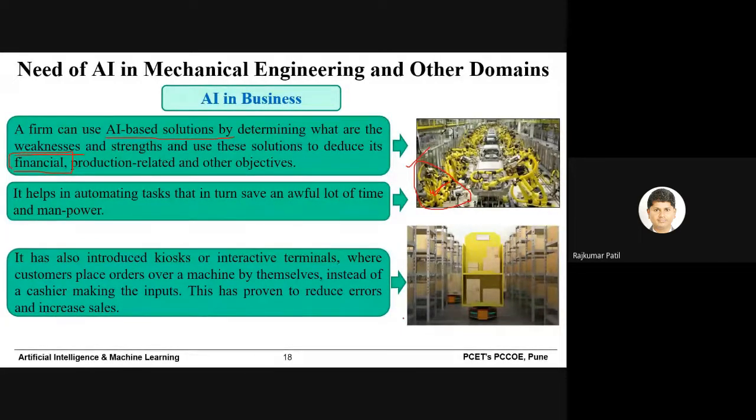Again, in the figure you can see that there is a robotic system, and on that there are some boxes, and these robotic systems are trained on which box is to be placed where, so that next time when the order for that box comes, the robotic system will go to the same place, pick the same box, and deliver it to the person.